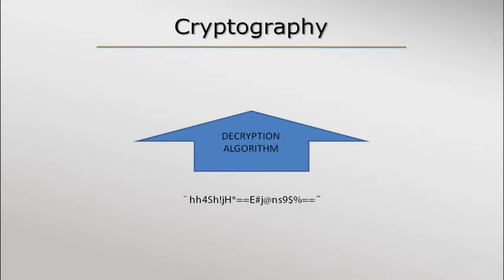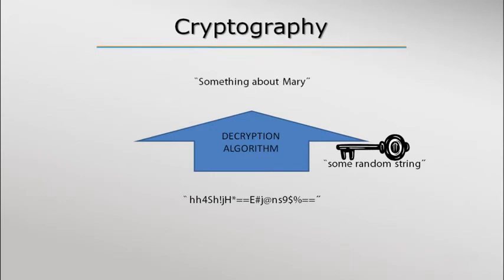But more importantly, he will also need the same key string. The decryption algorithm will be the same as the encryption algorithm, and even if another person might know what algorithm is used, that person will not be able to decrypt correctly without knowing the key string.